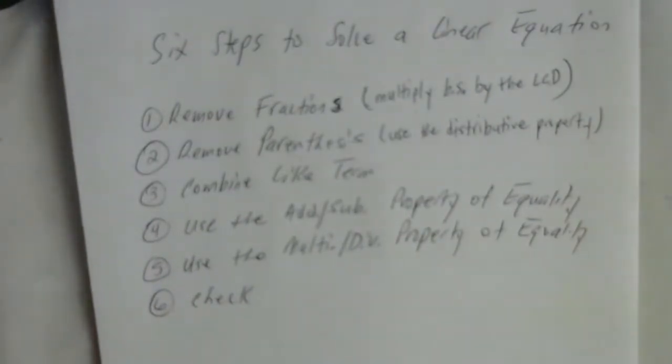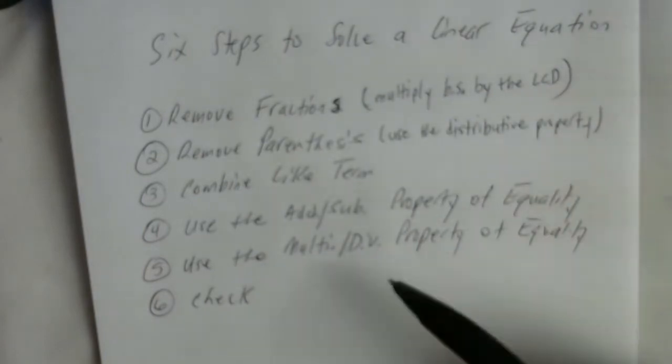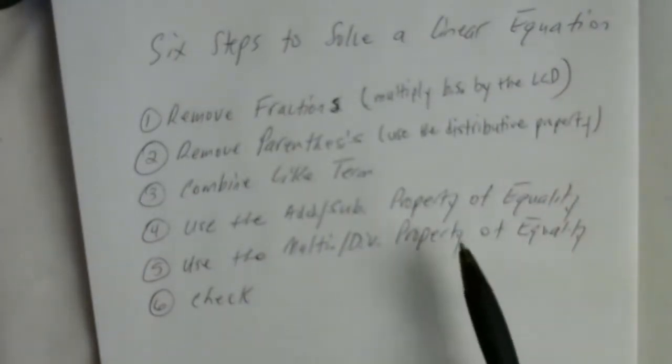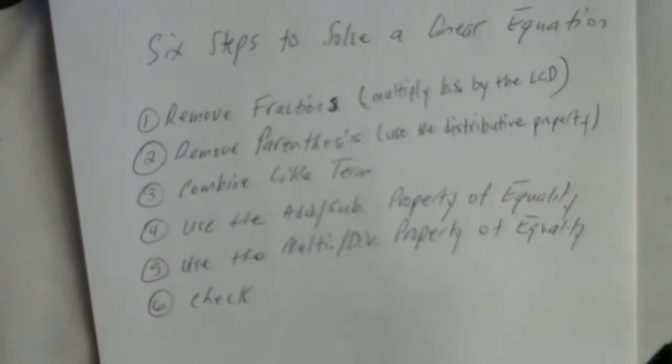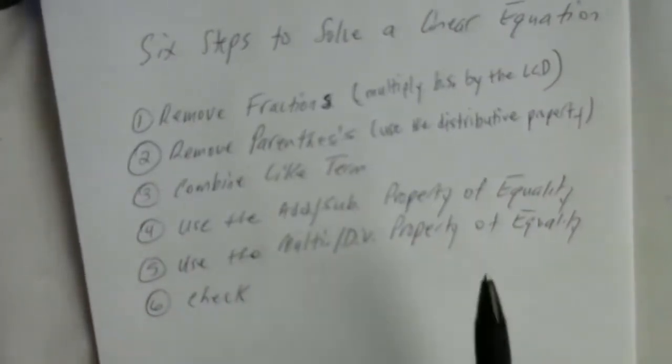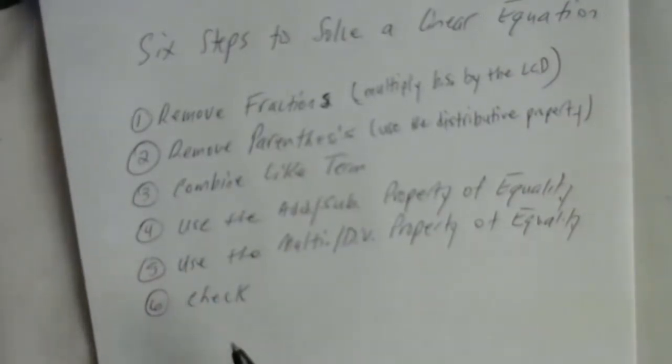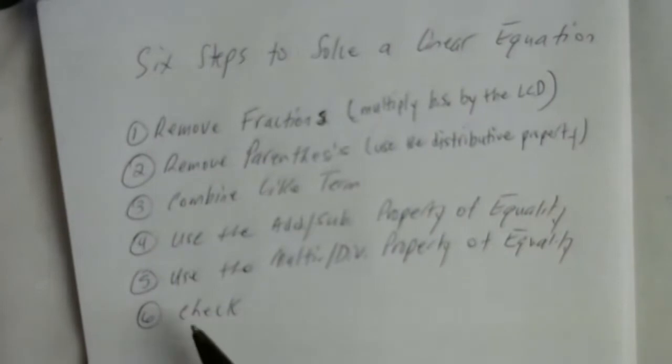In a nutshell, if you add or subtract some quantity from one side of your equation, you must add or subtract that very same quantity from the other side. The same thing goes for multiplication and division. That property of equality says whatever you multiply or divide by on one side, you must do the exact same thing on the other side. And then the last step is to check.